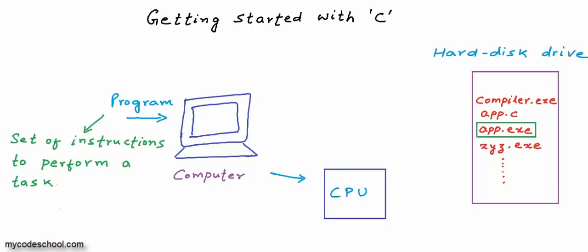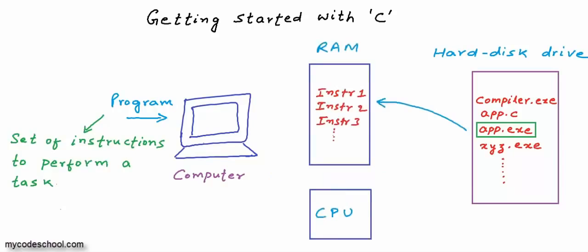What happens is that when you run the program, let's say you ran app.exe, the program or the set of instructions is transferred to what we call random access memory, or RAM. The difference between RAM and hard disk drive is that RAM is volatile memory. Everything in RAM is wiped off, is cleared as soon as power is removed, as soon as machine is turned off.